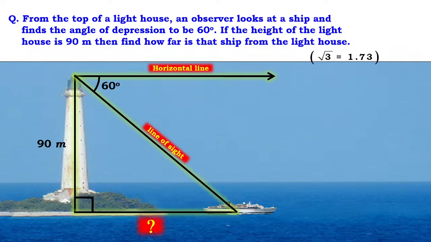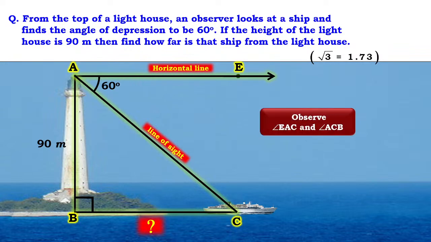And now they are asking the distance of the ship. It is easy. First thing, if this is 60, this is always 60. Why is it like this? Because AE is parallel to BC. If two lines are parallel, alternate angles are equal. Seventh or eighth standard chapter.